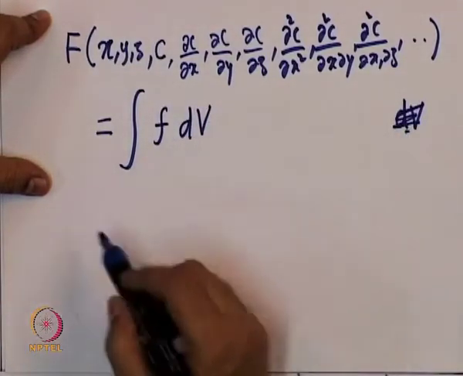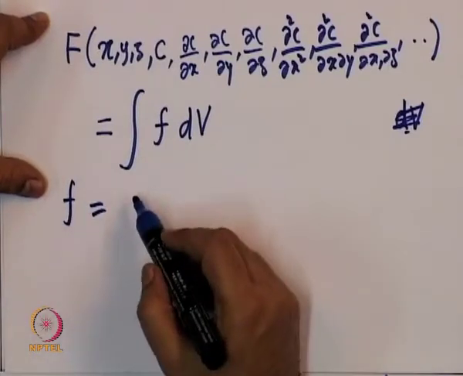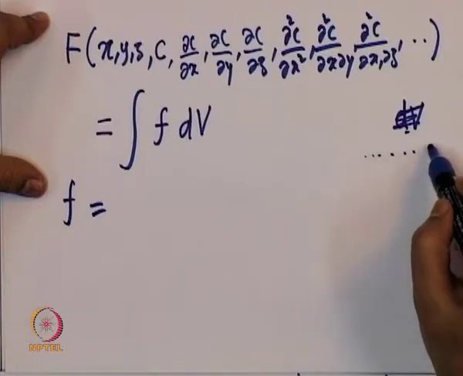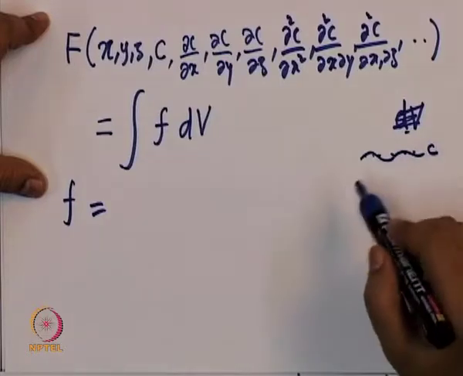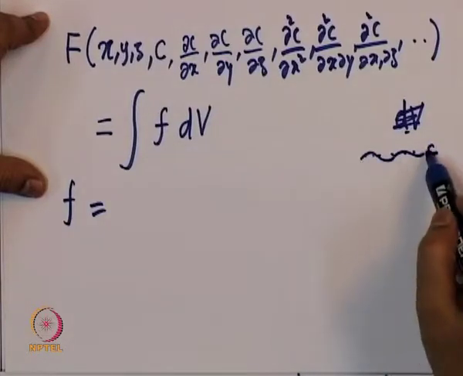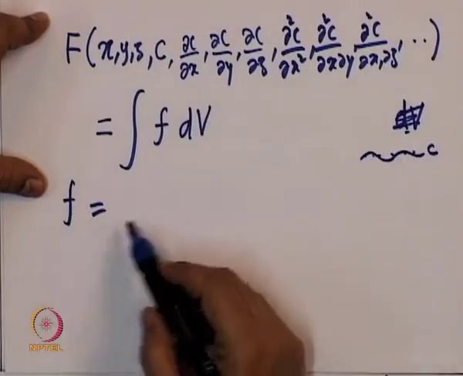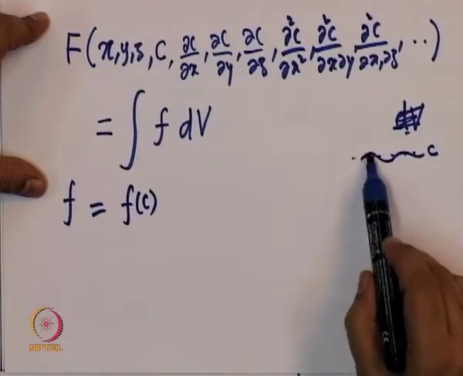So, this F I am going to write as a Taylor series expansion. So, I am going to consider a composition, some nominal composition of C, about which there are some changes. So, I am going to write the free energy for such a system. So, F for such a system is F of C, where C is the nominal composition.